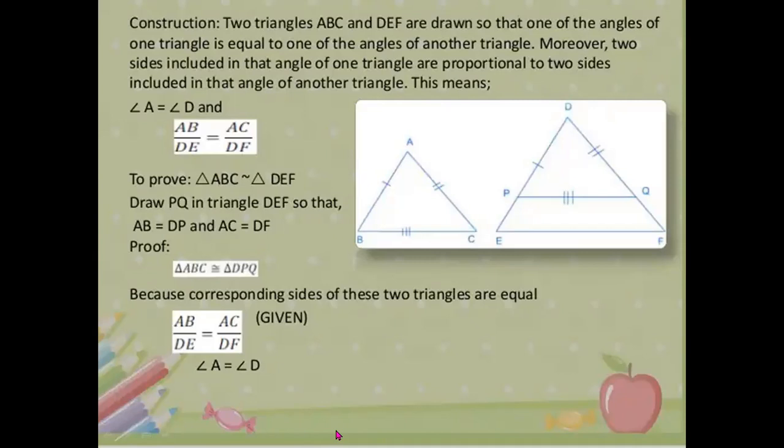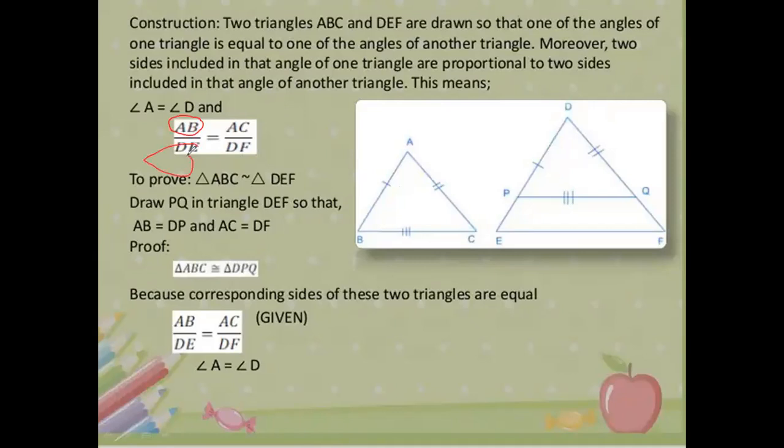Okay, so as you can see, if we try to prove it, one angle is equivalent to the other and the two sides are equivalent also. Now here, you have side AB, which is proportional to side DE.